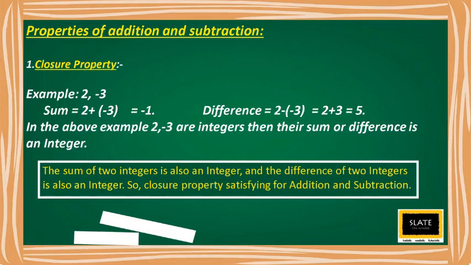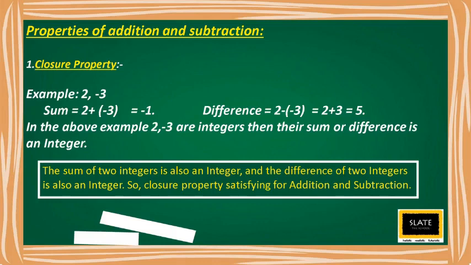If we subtract any two integers, the result is also an integer. In general, if a and b are any two integers, then a minus b is also an integer. This is called the closure property of subtraction.